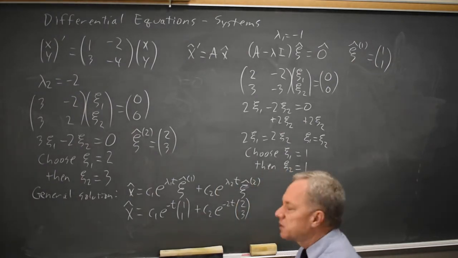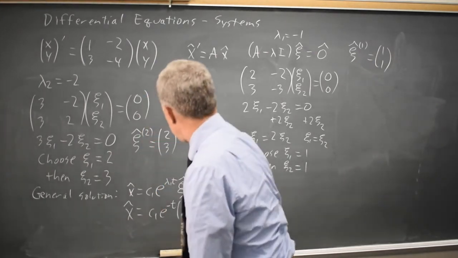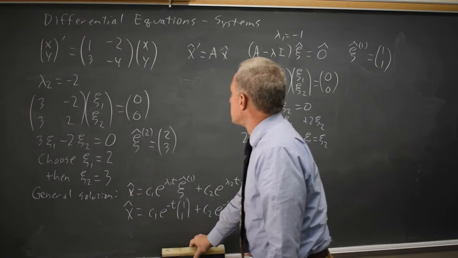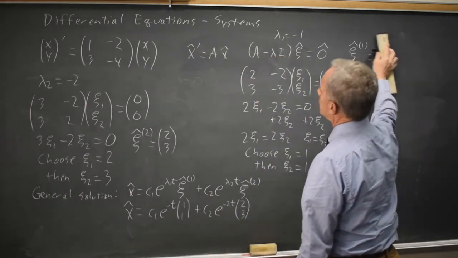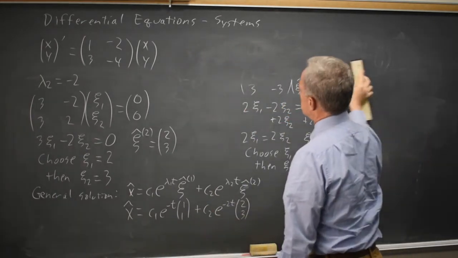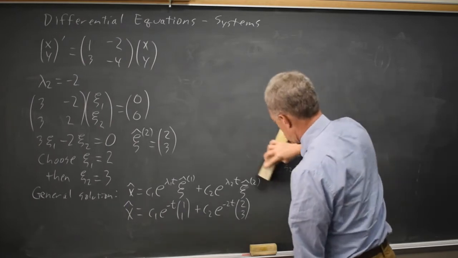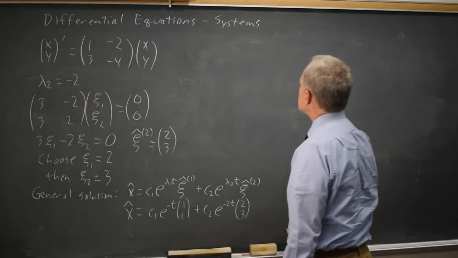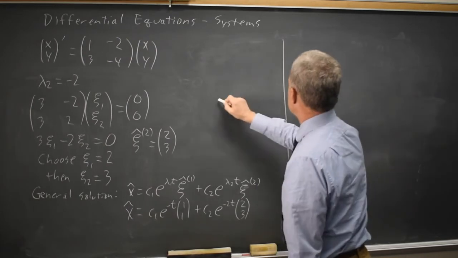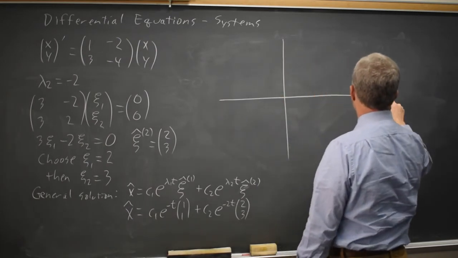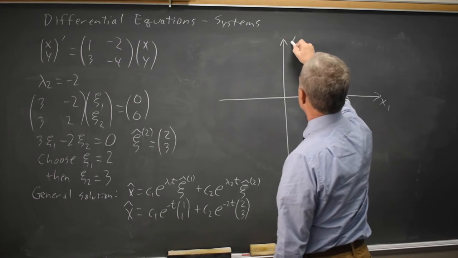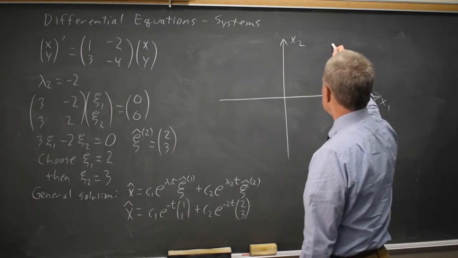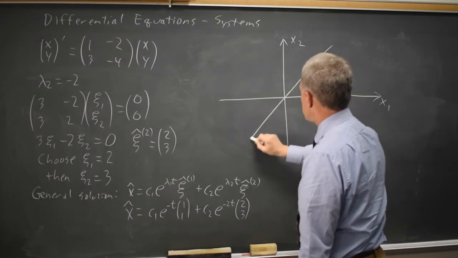Now, an obvious question is, what does that mean? In the x1, x2 plane, and I'll erase this now that I have my solution, the vector 1, 1 is in this direction.